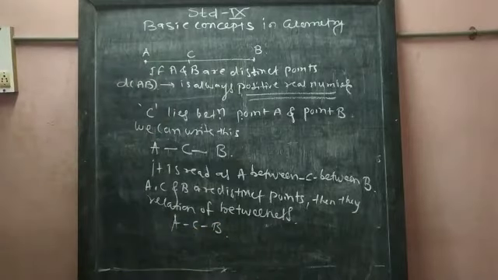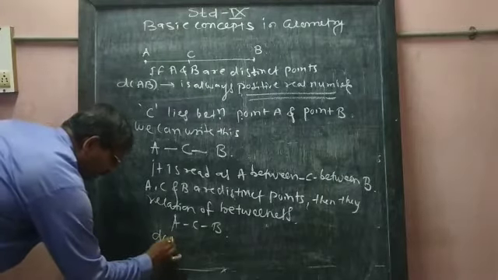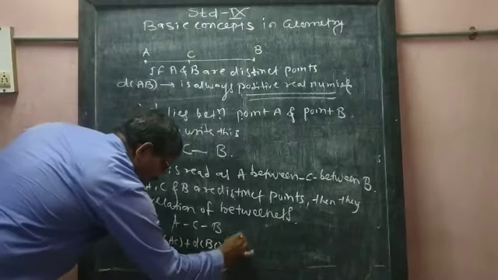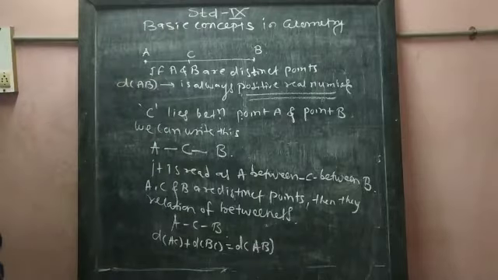If these 3 points have betweenness, then distance of AC plus distance of BC is equal to distance of AB. Understand what I told?